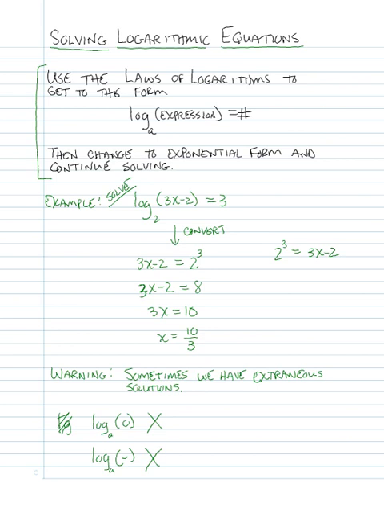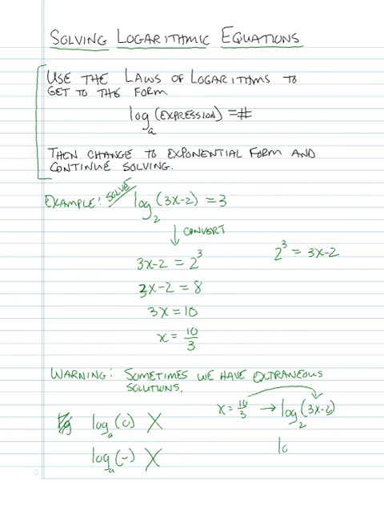In the case here, we have x is equal to 10 thirds. In our original equation, we actually have this argument. So what we're worried about is whether putting that 10 thirds in for x would cause us to have the logarithm of 0 or a negative number.